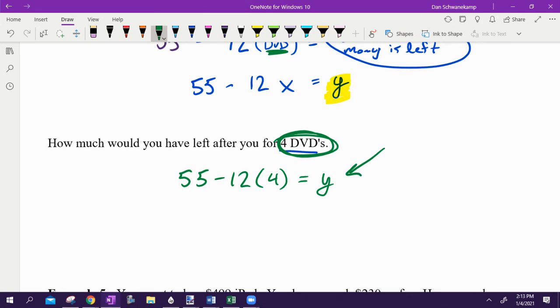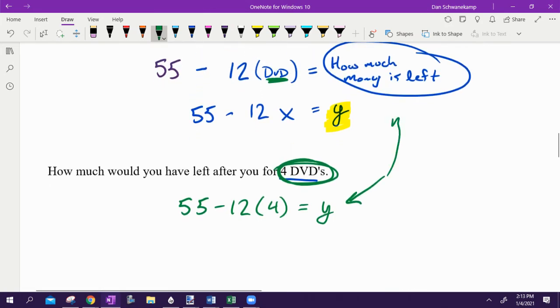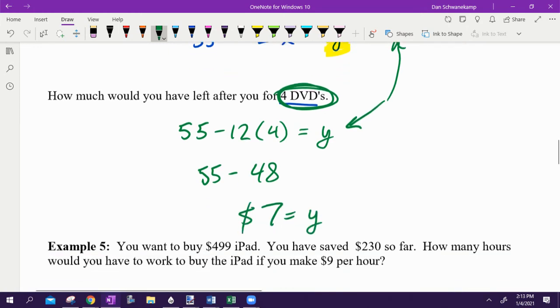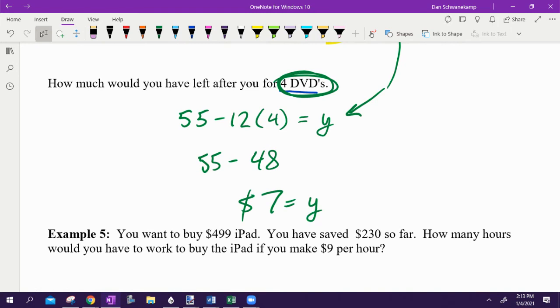That's y. y means how much money is left. Boom. So it's going to be 55 minus 48. 55 minus 48, it is $7 left. So after I bought 4 DVDs, I would have $7 left. There's other ways of doing it, but that's the most straightforward way. Writing an equation and then plugging in.